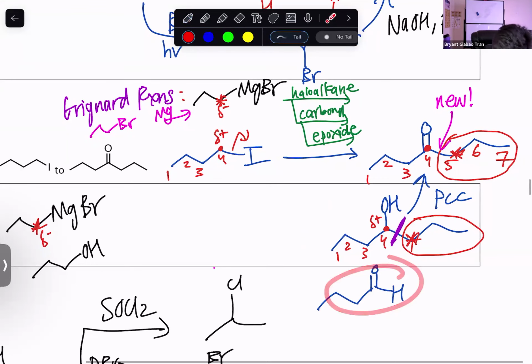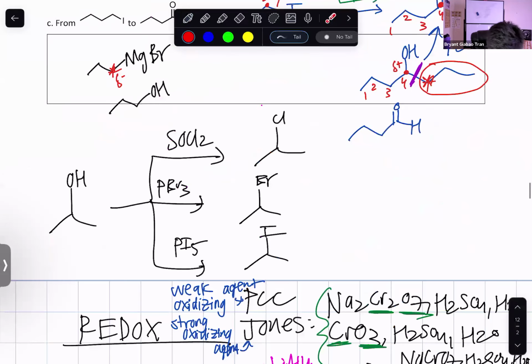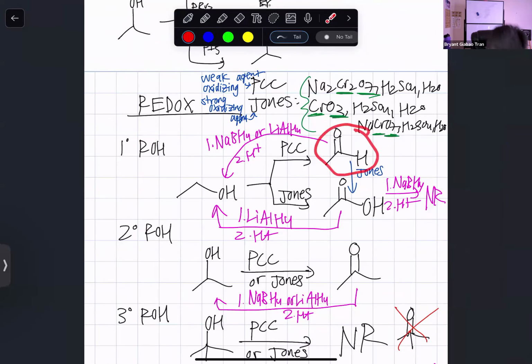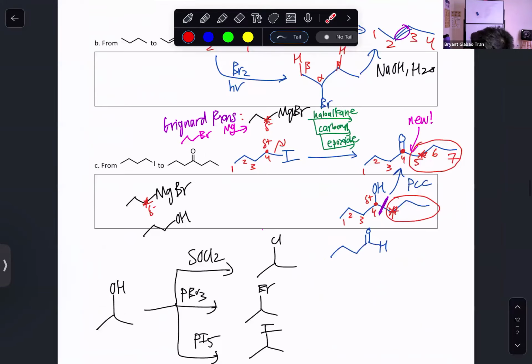Now, to make an aldehyde, what kind of alcohol can it come from? Why is it a secondary alcohol and not primary?